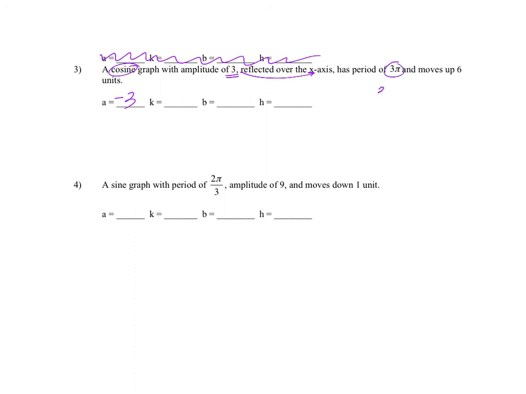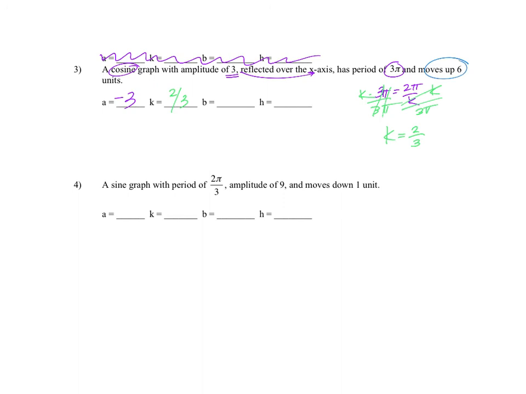Period is equal to 3 pi. So 3 pi is equal to 2 pi over k. Solve this. Divide both sides by 3 pi. Turns out that k then is equal to 2/3. Okay. Then it says that it moves up 6 units.